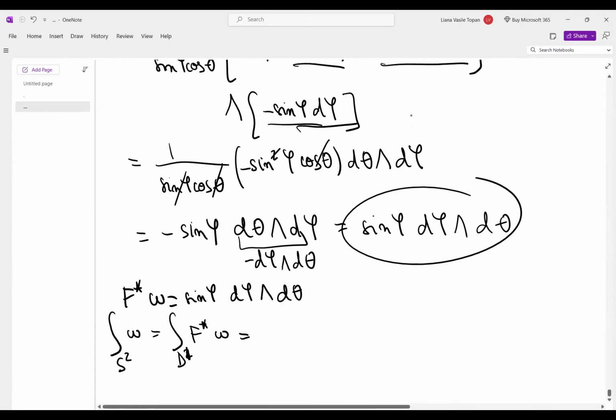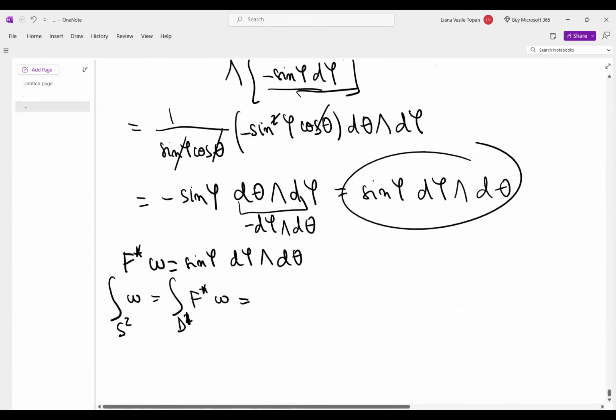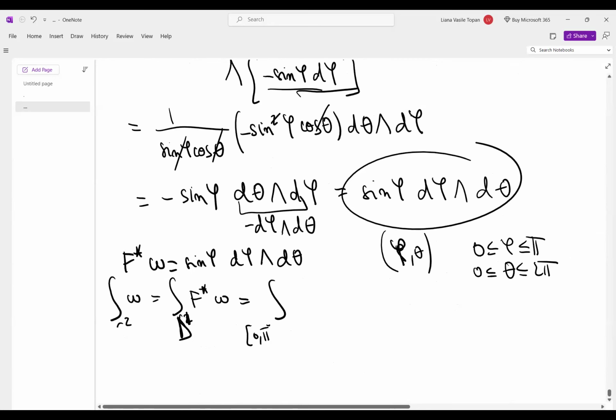So it contains the set of phi and theta, with phi between 0 and pi, and theta between 0 and 2 pi. Okay, so this is the domain. So this is the integral over 0 to pi times 0 to 2 pi of sine of phi d phi wedge d theta. Okay, so this is what we get.